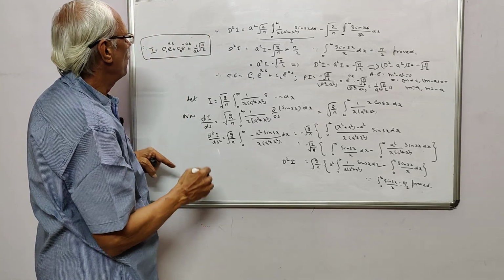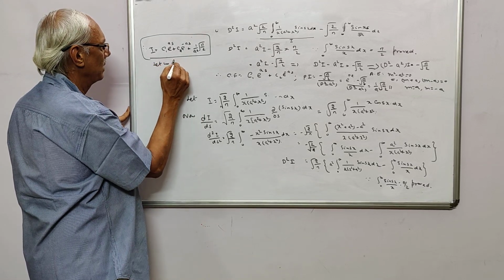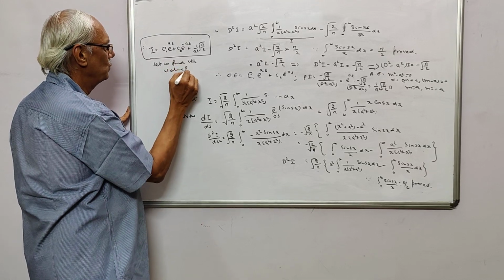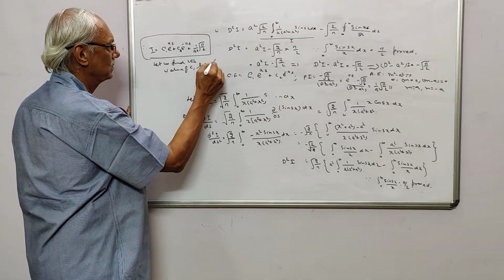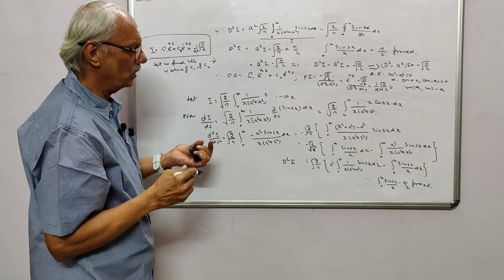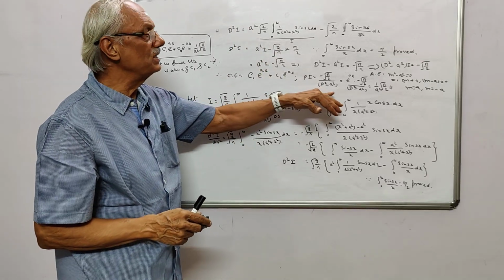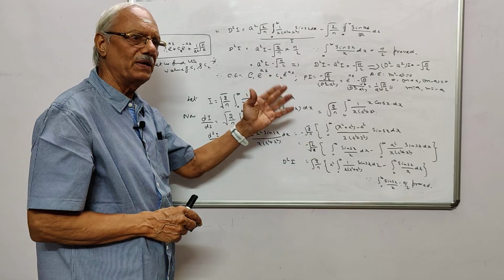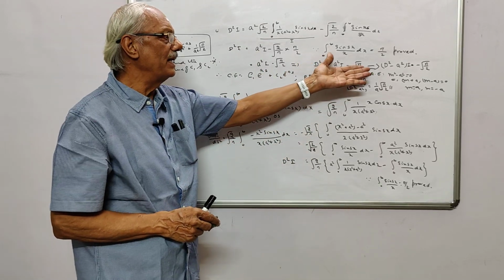So I have found I. Now let us find the values of C1 and C2. So what is it that I have done here? I have taken the given function, differentiated it twice, and thereby I am able to get a differential equation of the second order, and I have solved it.